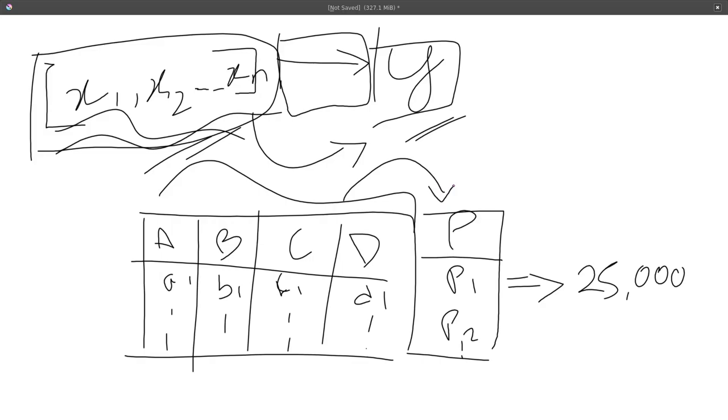We will be given data in tabular form, and we'll have to train our model from this input data to this output data. Now, what mathematics is a regression model governed by?